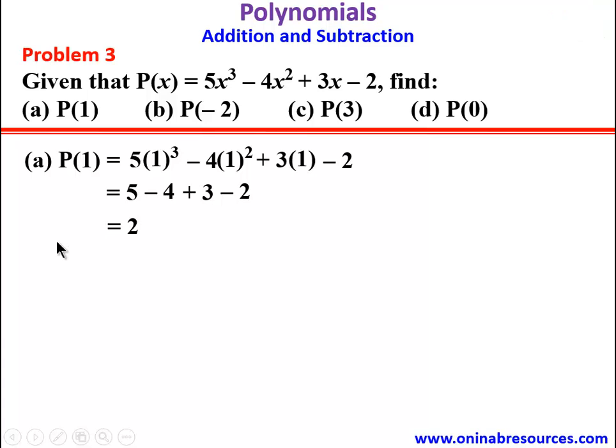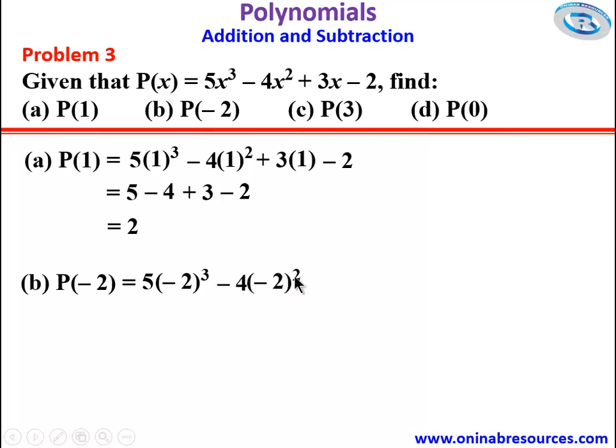And then the next one is b, which is P of negative 2. Also, wherever you see x, you substitute in the value negative 2. So we have 5 into negative 2 cubed minus 4 into negative 2 squared plus 3 into negative 2, then minus 2.